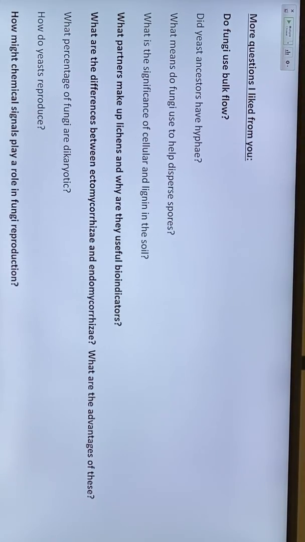But if conditions change, they may go into sexual reproduction. How do fungi reproduce sexually? Do they make sperm and eggs? No. What do they do? First they fuse hyphae. When they fuse their hyphae, this is not exactly the same thing as fertilization, because they don't immediately put their nuclei together. This is one of those things that distinguishes the fungi.